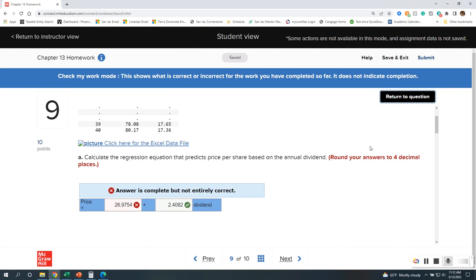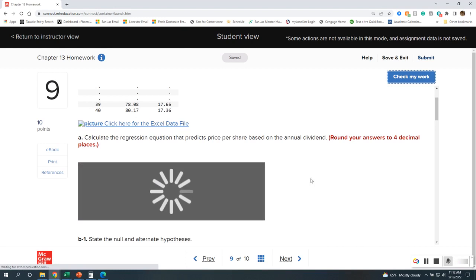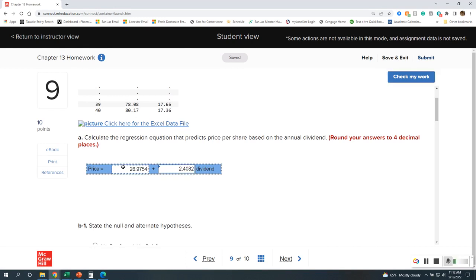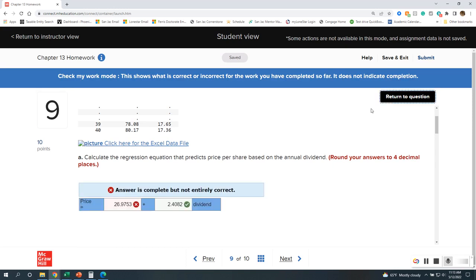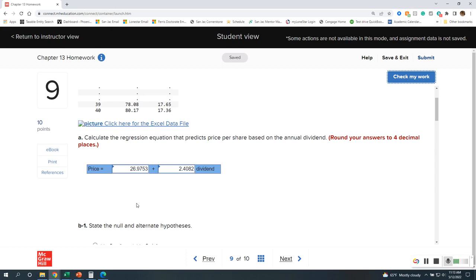Huh. That's new. So let's see if there's a rounding issue. Yeah, remember, we had that trouble with, what was it, chapter 12? Yeah, so we're dealing with a rounding issue.